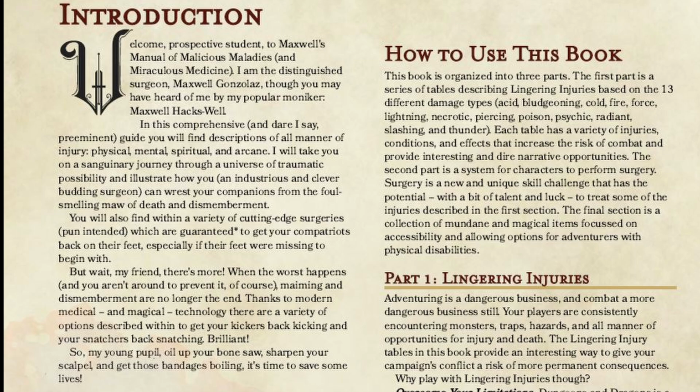Sadly, in D&D, they never really are, but moving on. Thanks to modern medical and magical technology, there are a variety of options described within to get your kickers back kicking and your snatchers back snatching. Brilliant. So, my young pupil, oil up your bone saw, sharpen your scalpel, and get those bandages boiling. It's time to save some lives.